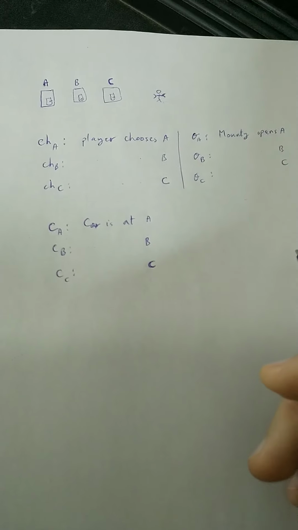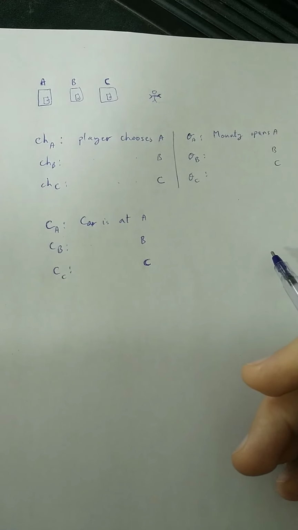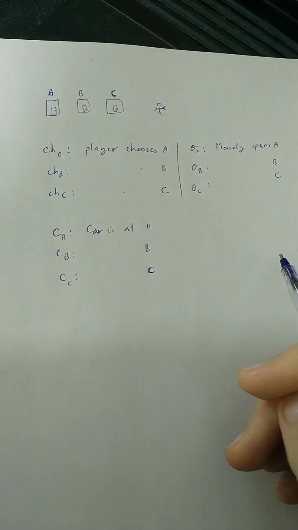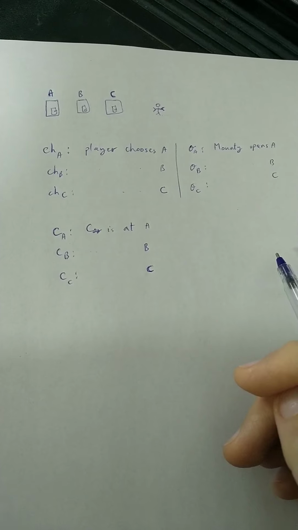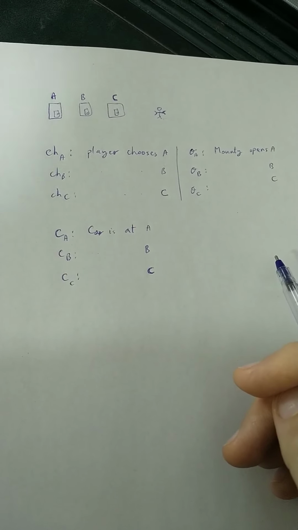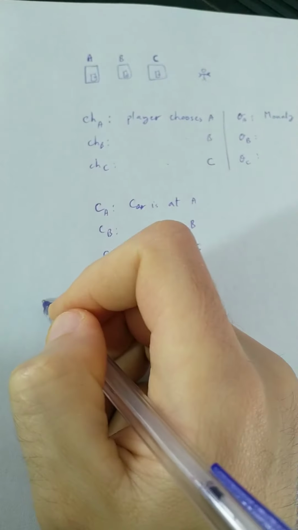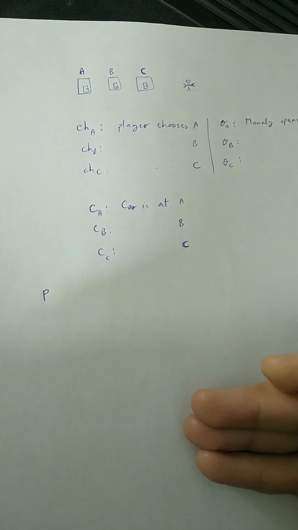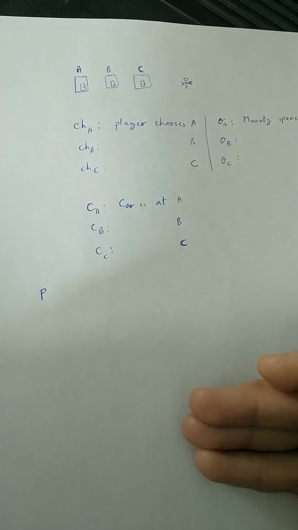So, what now? Actually, let me just state some probabilities now that will be useful in the proof. And then I will state what we need to prove, and we will prove it.